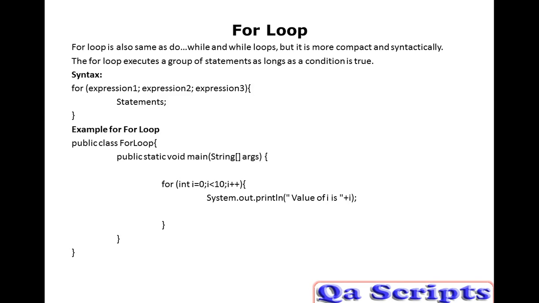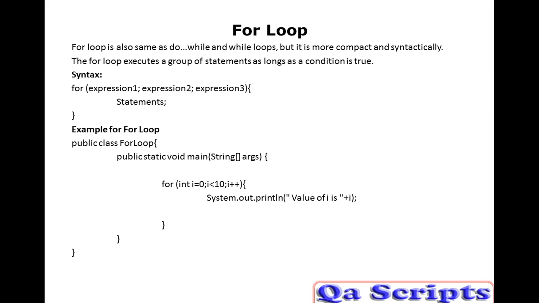Here is an example for loop. Inside the main I have used the for keyword, and I have declared and initialized a variable i of data type int, that is int i equals 0, separated by a semicolon, then i less than 10. I am verifying that i must be less than 10, and I am increasing the value of i by 1 at the third expression, that is i plus plus.